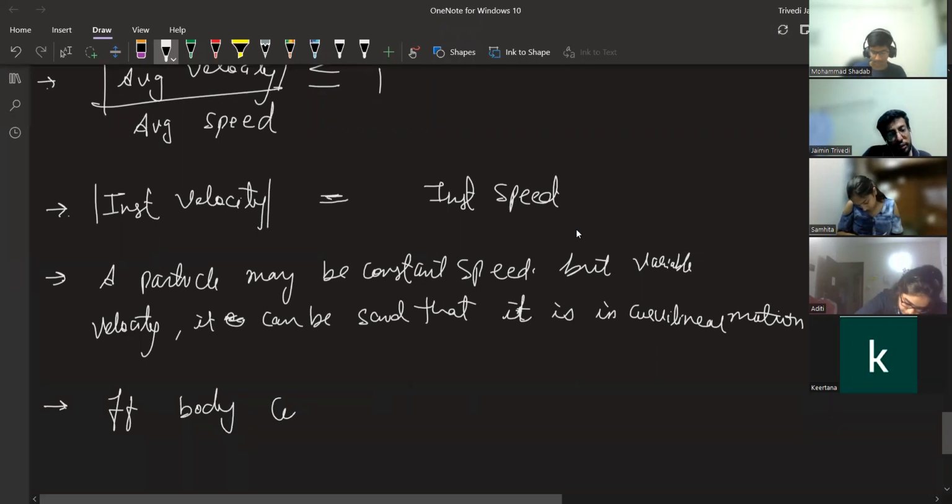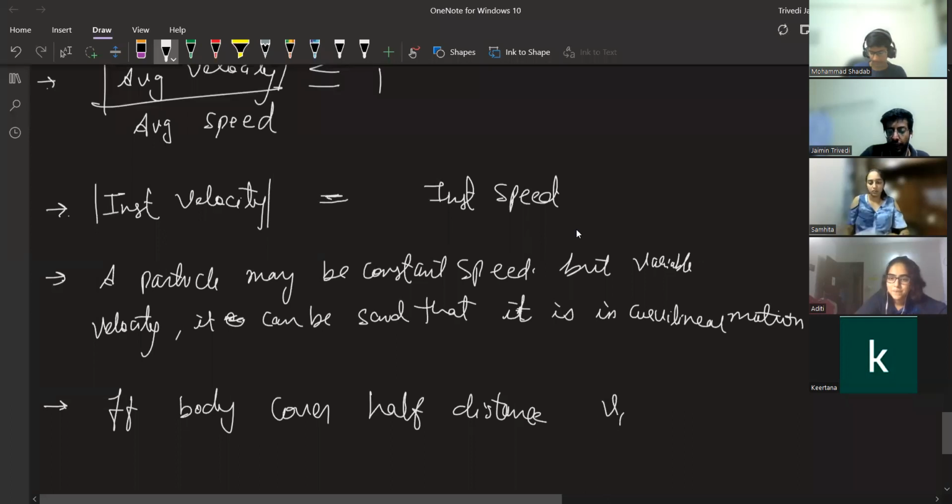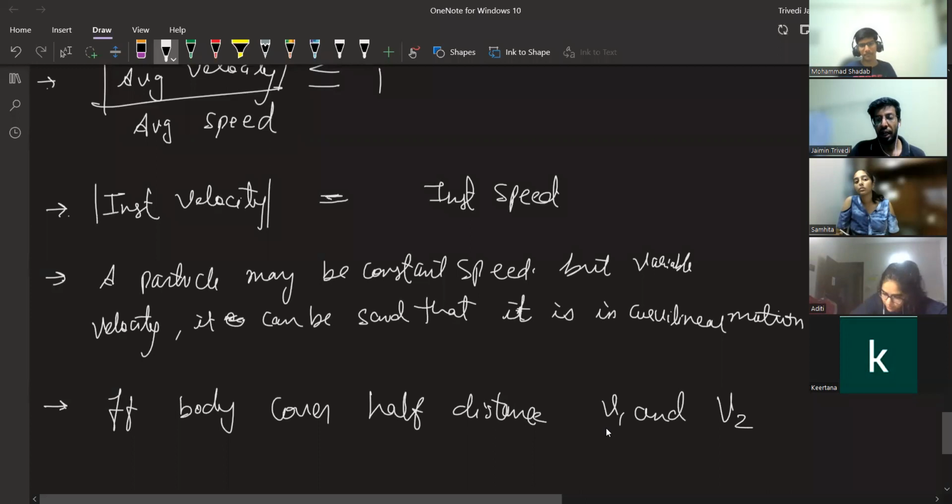Now, if a body covers half the distance with speed v1 and the remaining half at speed v2, what will be its average?